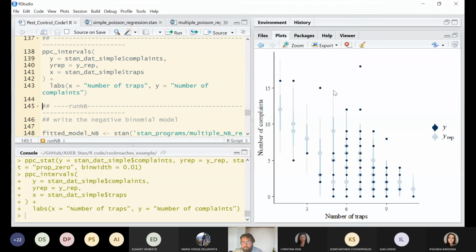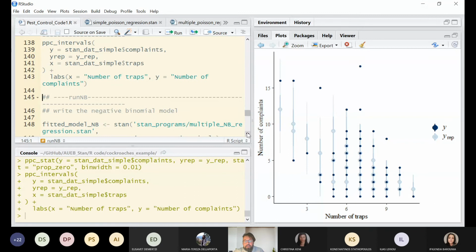And again, we find that a proportion of them is exceeding the predictive intervals produced by the model. So maybe it is time to go through another kind of model, one which is slightly more sophisticated.